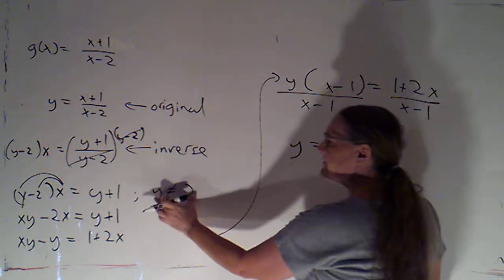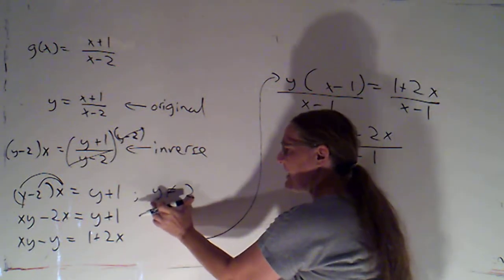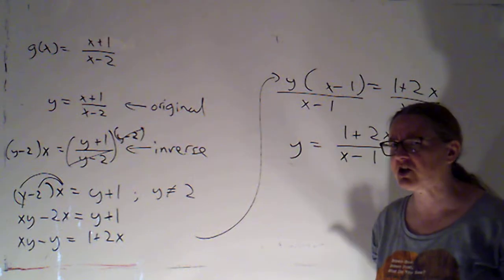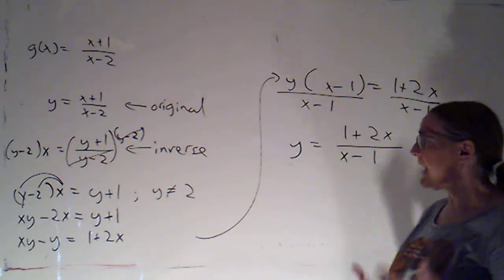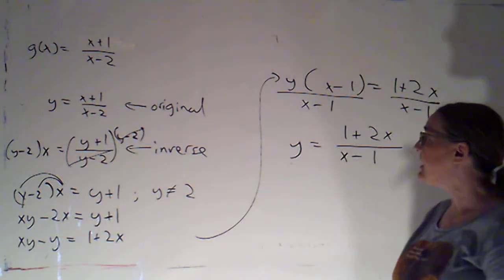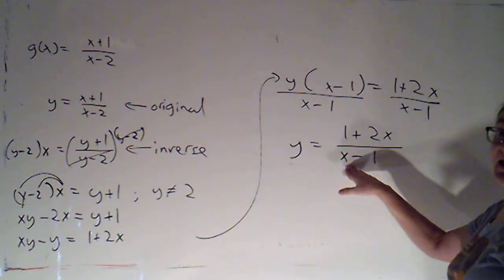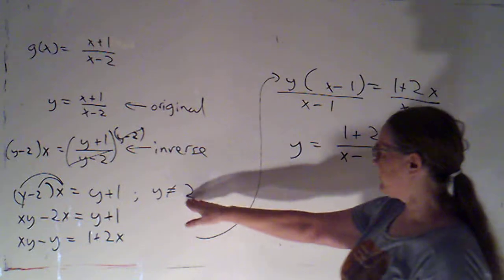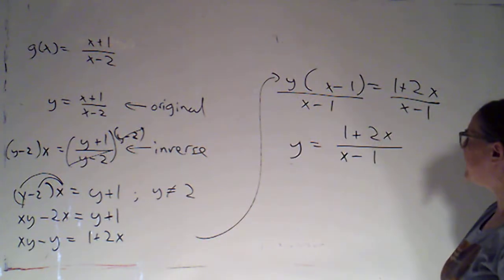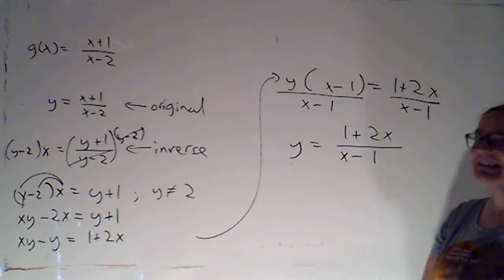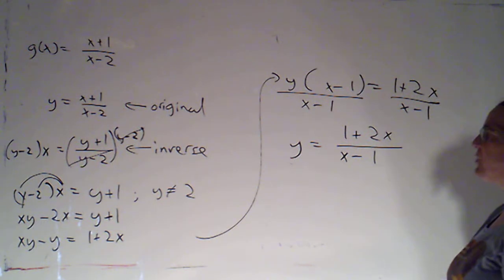Now, I do have this restriction here that y isn't 2. Ordinarily, when we describe a function, we would describe any restrictions that we had on the input, which would be our x values. And here, that's a restriction on our output. I'm going to simply tell you, this actually is never going to equal 2.